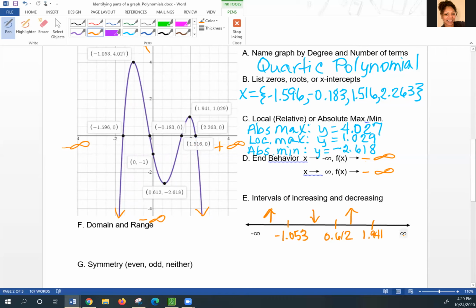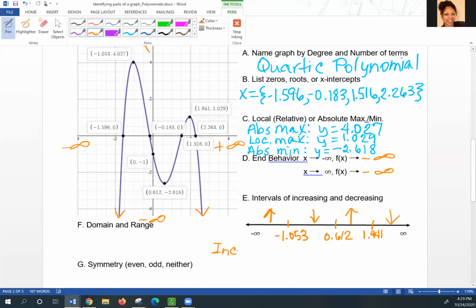So you have to pay attention to which values you're using, if you're using your x or your y, and pay attention to the arrows that you're drawing. From this point, I start going down, but I'm still on my x-axis going towards the positive direction. So when I'm writing this out, I say I am increasing.